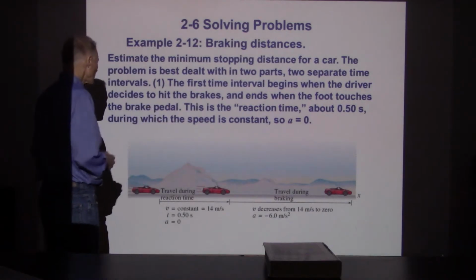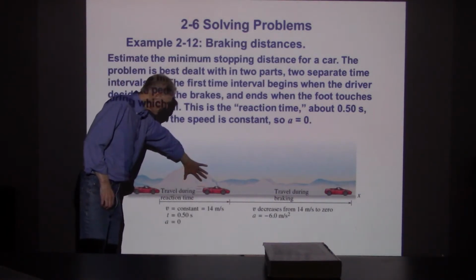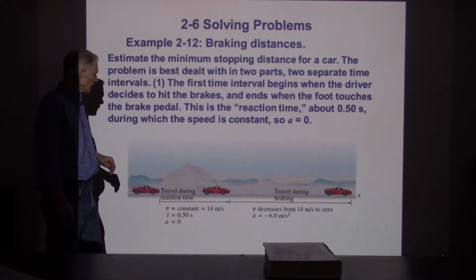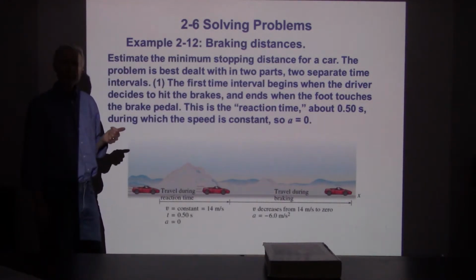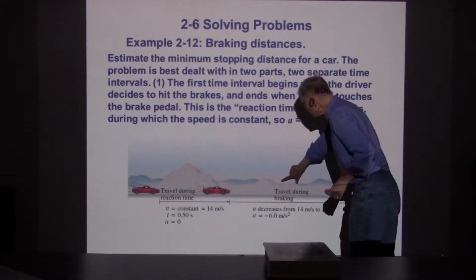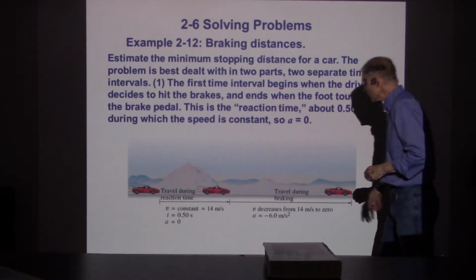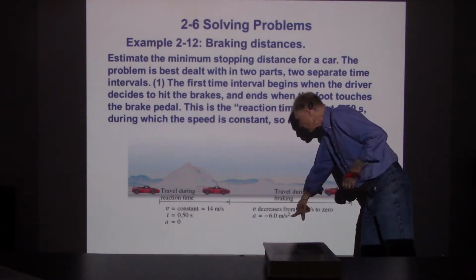So let's break the problem into 2 pieces. Let's break it up into one section where we're traveling at a constant speed during a 1/2 second of reaction time. And then the second part of the problem is where we're actually slowing down. We put on the brakes and we experience a deceleration.